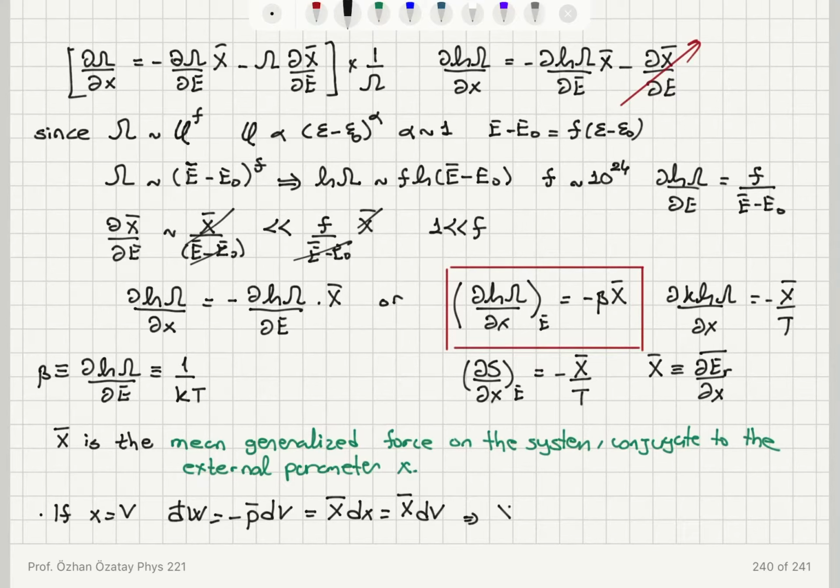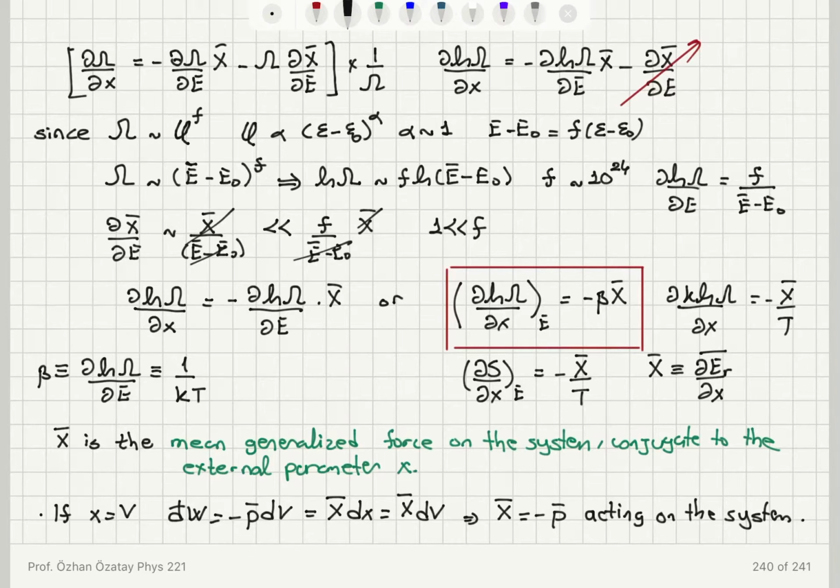Therefore, we find that the mean generalized force acting on the system is minus P bar, because P bar is the mean pressure applied by the system. So acting on the system is minus P bar. So that's the mean generalized force conjugate to volume.